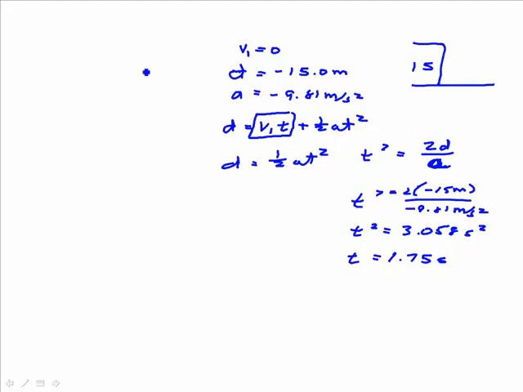Now, how fast was the rock moving? Well, let's move over here and say they want to know what the final velocity of the rock was. Now, we can use this information once again. In this case, we don't really care what time is. We can say that the final velocity squared is equal to the initial velocity squared plus 2ad.